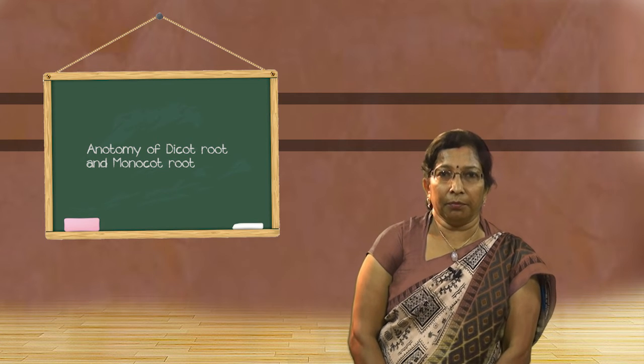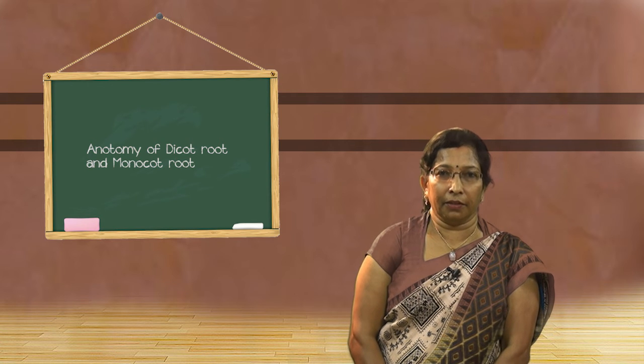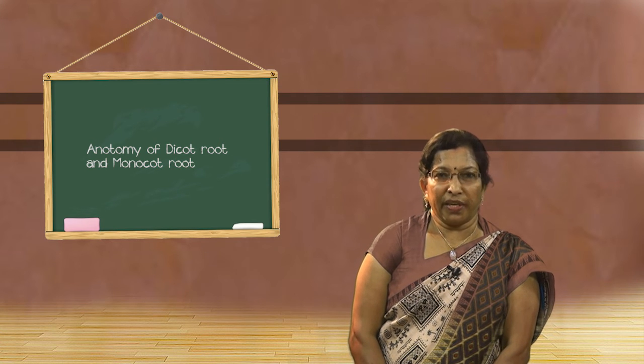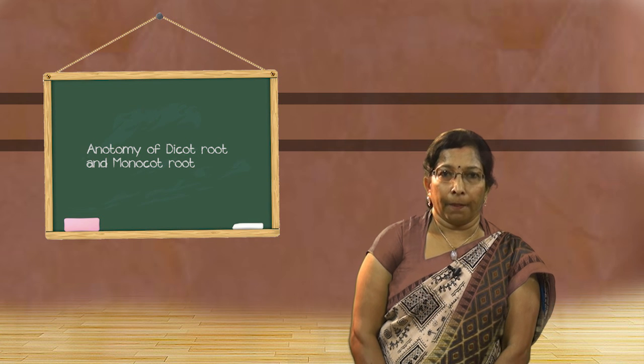Between xylem and phloem, there is a conjunctive tissue, and this conjunctive tissue helps in secondary growth. Pith in case of monocot root is very wide, or we can say it is very conspicuous. Whereas in case of dicots, we have seen pith is very small or highly reduced, whereas in monocots pith is very large and very conspicuous.